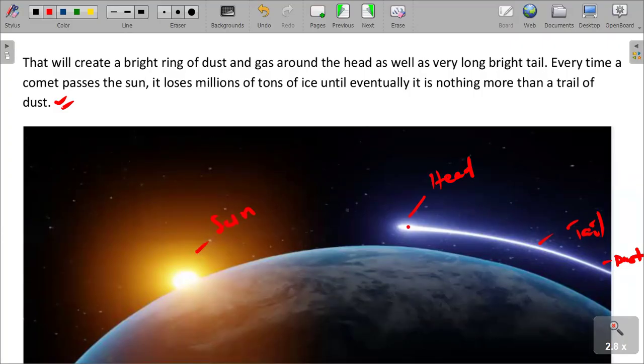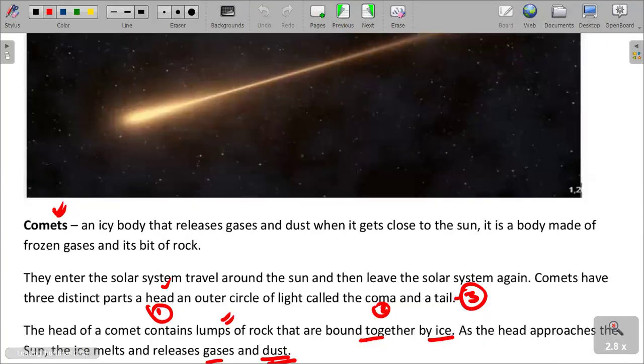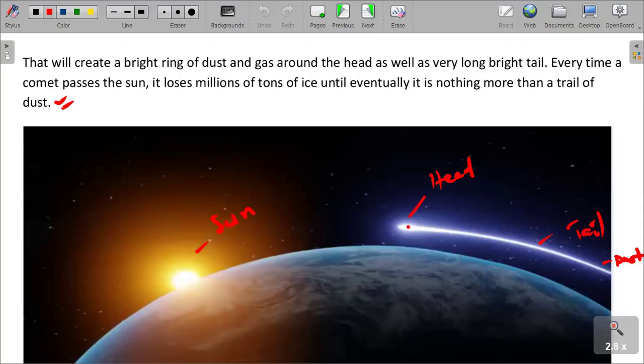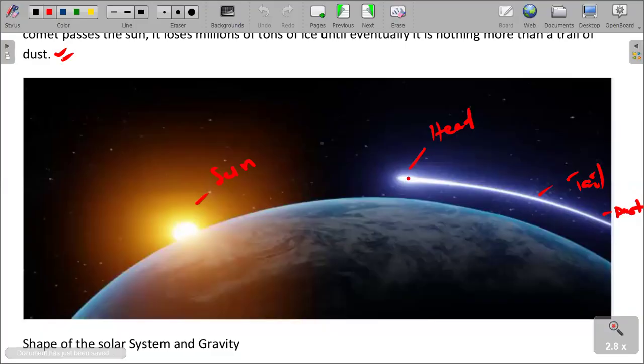As it gets closer to the sun, it melts, and therefore it has to release gas and dust. That is what we mean by this diagram.